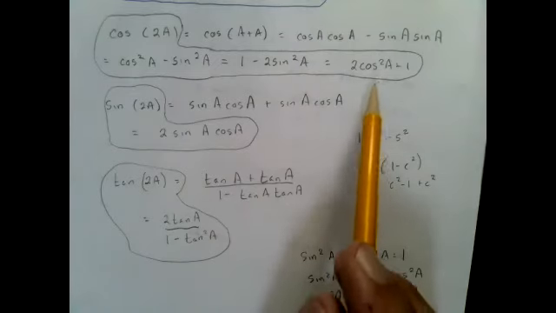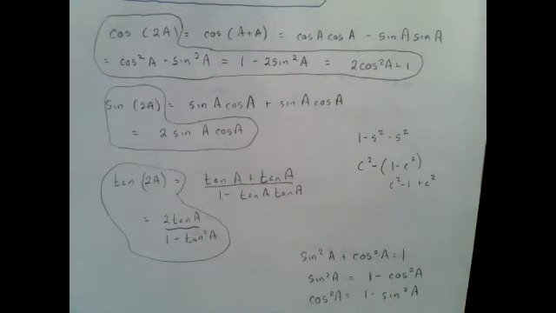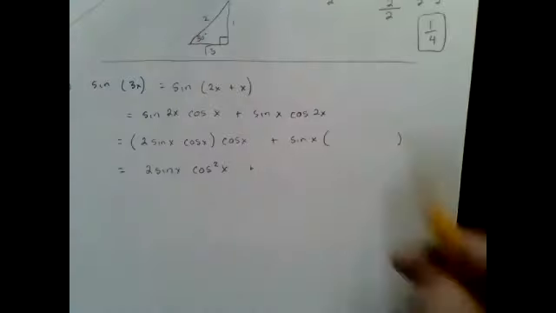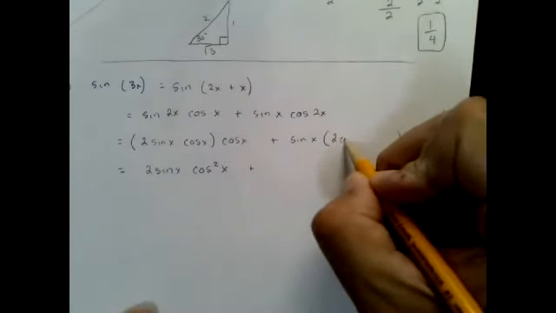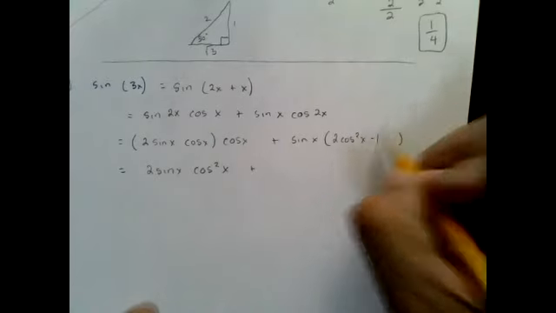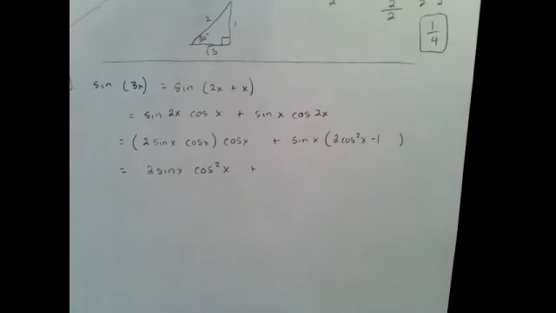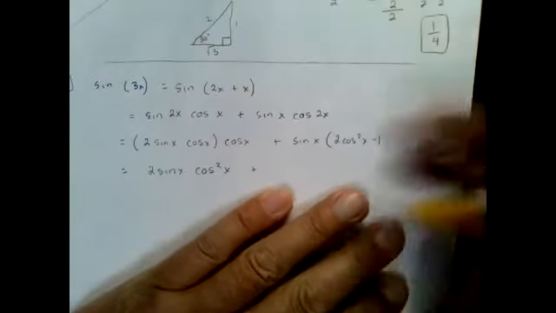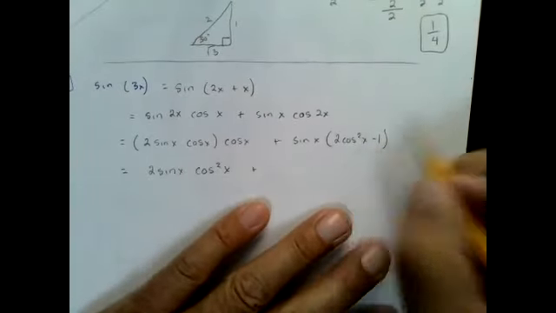So maybe I should put this one in: 2 cosine squared of x minus 1. Now, none of them are wrong. If you put a different one in, you may work a while and it might take a couple of extra steps. But I put this one in and I'm going to see what happens.